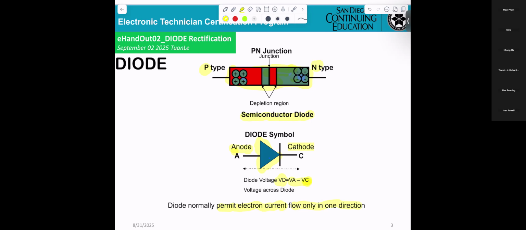Okay, so when this PN junction, you can get the current flowing from P side to N side. Now, you can see they draw the current flow this way.